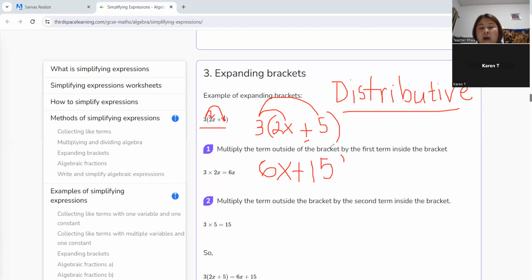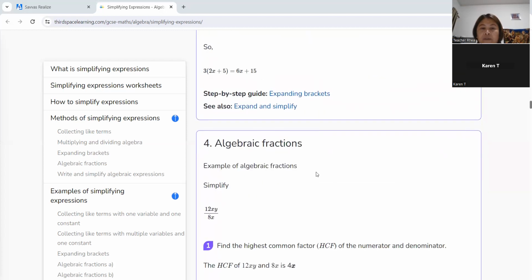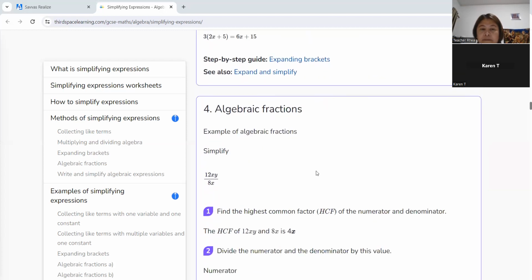This is now the simplified form of the algebraic expression 3 parentheses 2x plus 5.